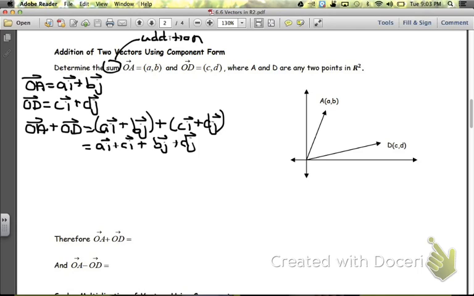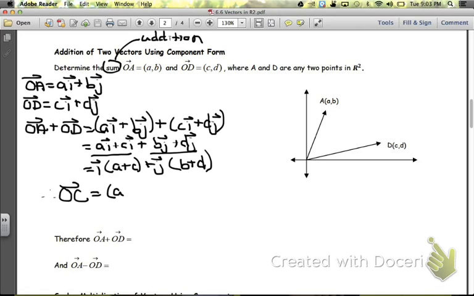Now, what is common in our first two terms here? The unit vector i. So let's factor that out, and we're left with A plus C. Similarly, in our second two terms, we're going to factor out that j, and we're left with B plus D. So therefore, we can say that OC is equal to (A plus C, B plus D).